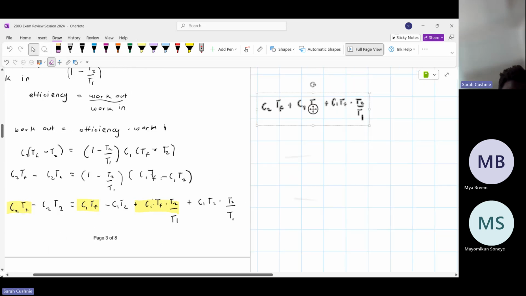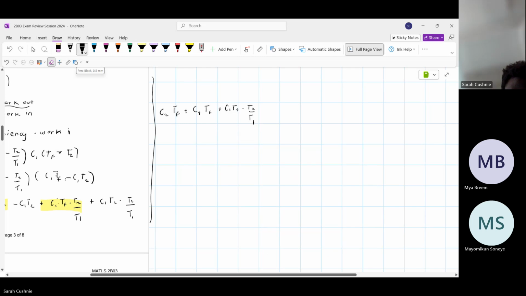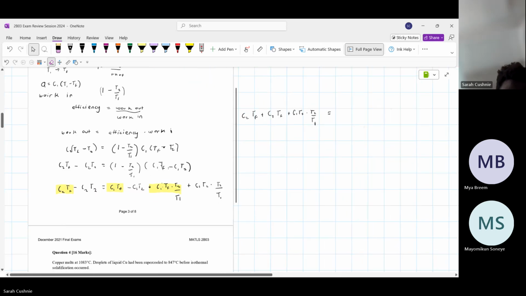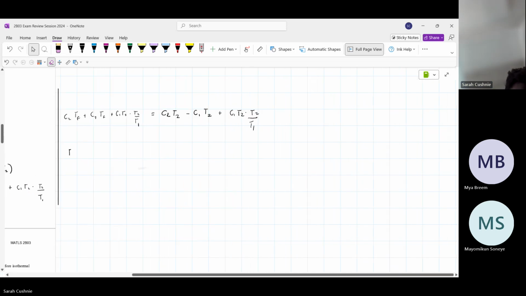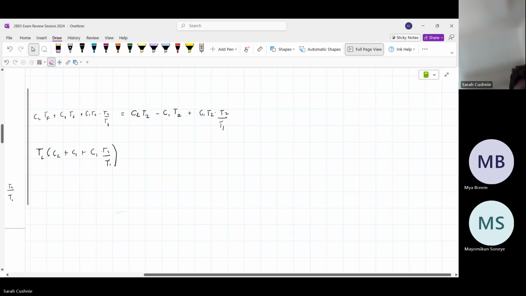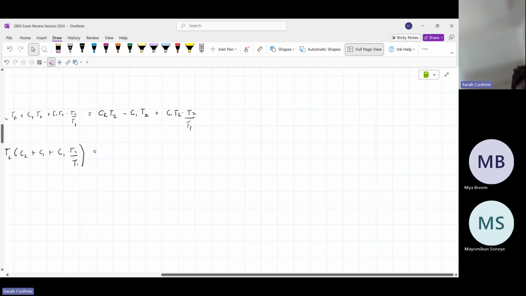Let me move to the side here. So we just worked out TF is equal to C2.